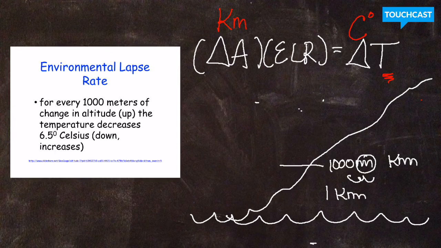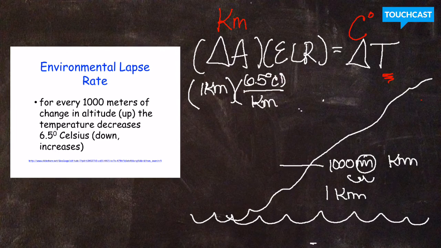So then in our equation, the change in altitude is 1 kilometer, times the environmental lapse rate that was given, which is 6.5 degrees Celsius for every kilometer that we hike up the mountain, equals the change in temperature.